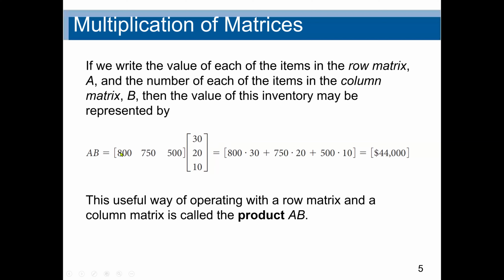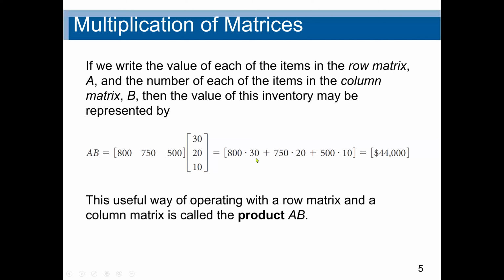Now, what we do is we take the first term and multiply it by the first term of the second matrix. They are all in the same position. So 800 times 30, plus the second term multiplied by the second term of the second matrix, so 750 times 20, plus the third term, 500 times 10.